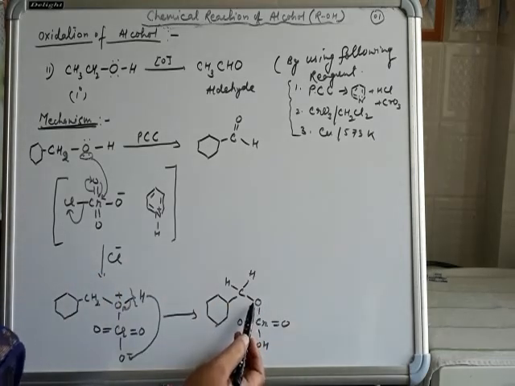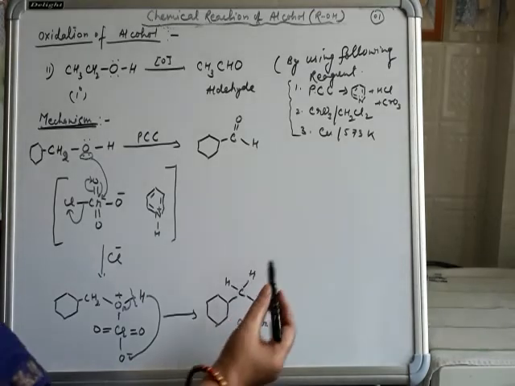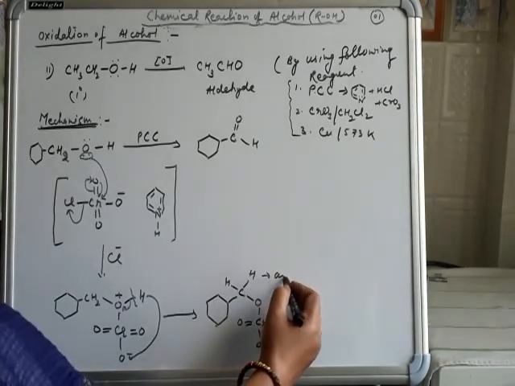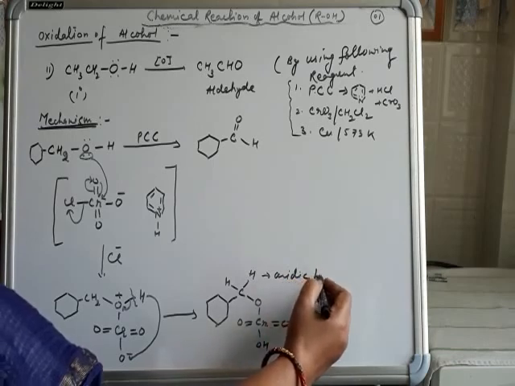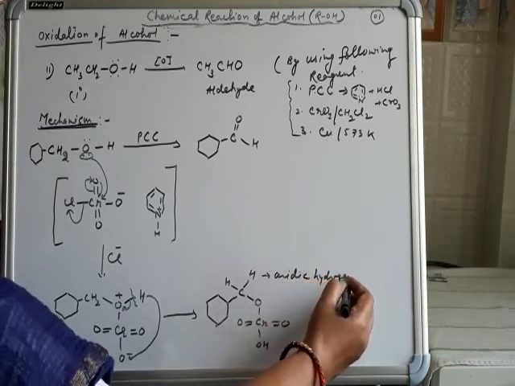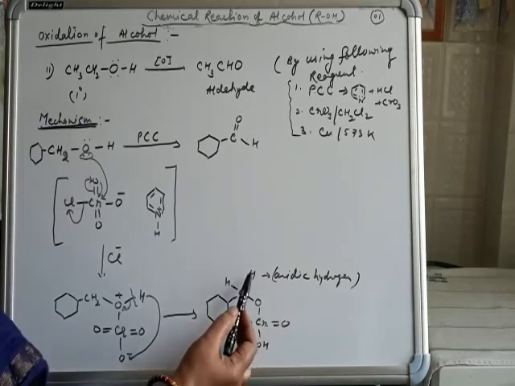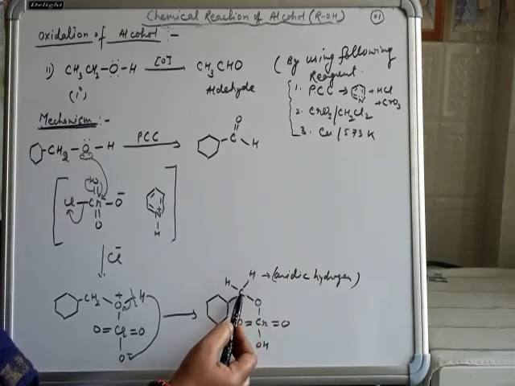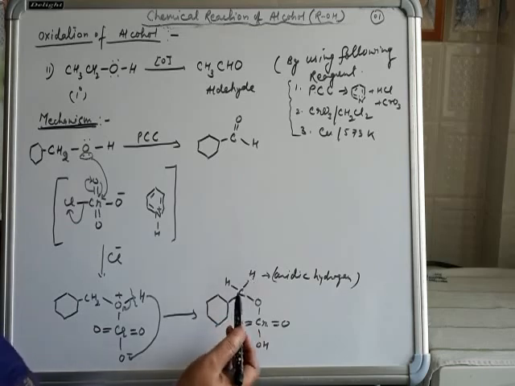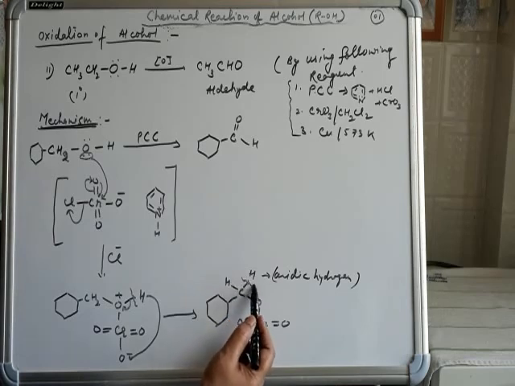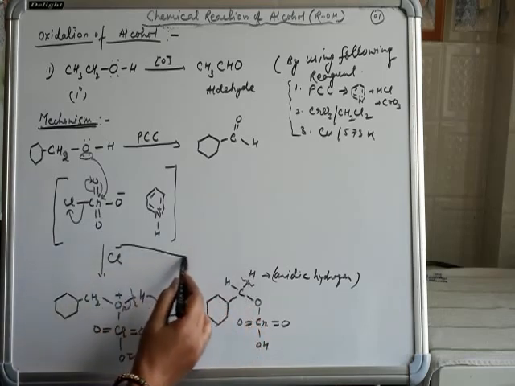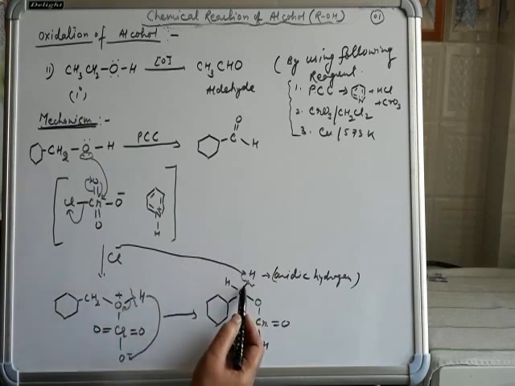Here this hydrogen is acidic hydrogen. Our main group is this, and the hydrogen attached to this carbon is acidic in nature. So removal of H plus takes place, and this is accepted by chlorine, and this bond shifts between carbon and oxygen.